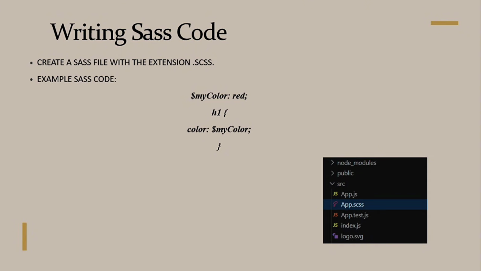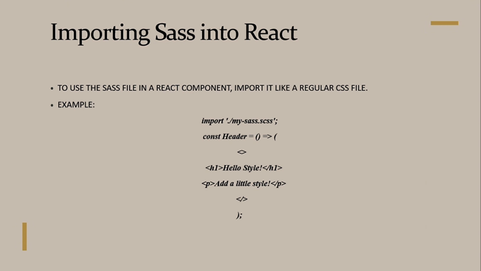So here we can see the use of variables, which is to reuse values and avoid repeating ourselves, making the styling easier. Next is importing Sass into React. In React, we import Sass files just like CSS files. So here is how it works.